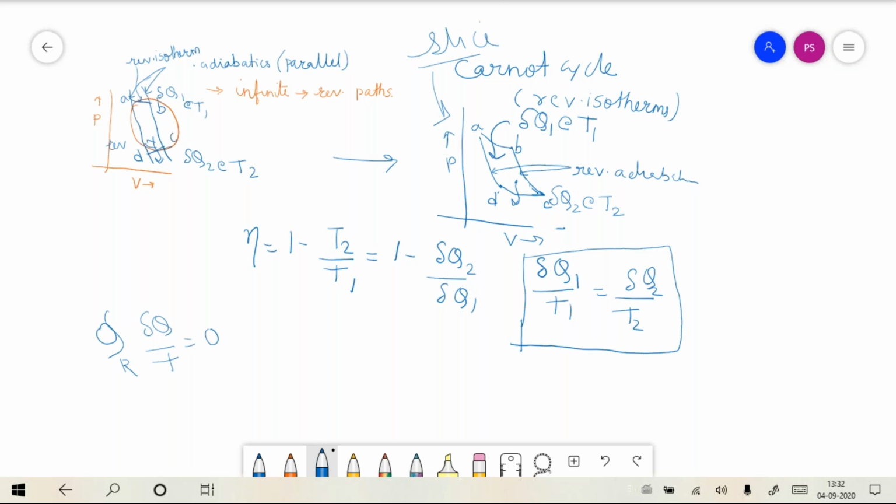Now, if you consider another slice next to it, any other slice, you can have another Carnot cycle, wherein the heat transfer would be del Q3 at T3 and heat rejection could be del Q4 at T4, whatever nomenclature you choose. And you can similarly show that for that slice, del Q3 by T3 would be equal to del Q4 by T4.